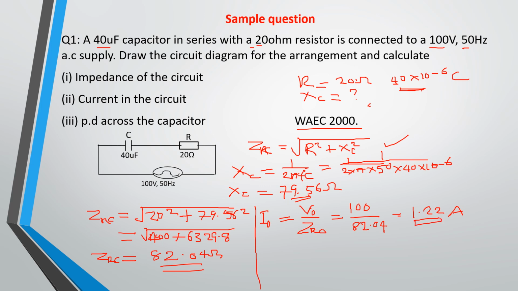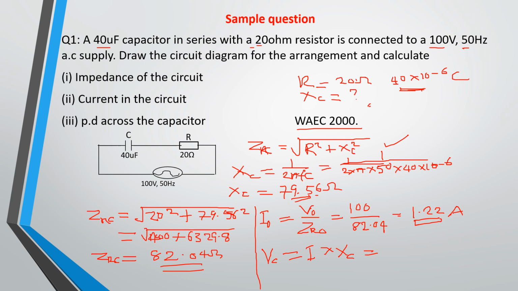Then lastly, the PD across the capacitor. The PD across the capacitor, which is VC, is equal to the current in the circuit multiplied by the capacitive reactance. Okay, so we have gotten the current to be 1.22 and the capacitive reactance we got is 79.56.